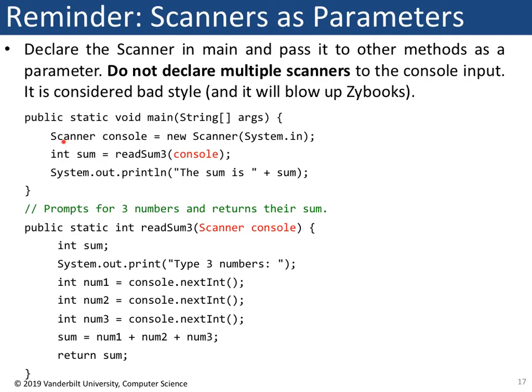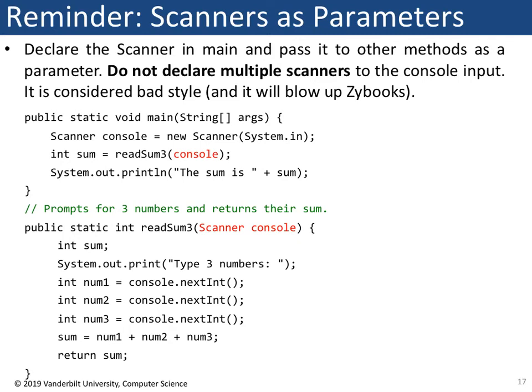Declare your Scanner in the main function, and if it is necessary to use the Scanner in any of the methods other than the main, simply pass the Scanner into those methods. So as an example, we have some method called readSum3 declared here, which is going to return an integer value, and we're going to need to get 3 integers from the user via the Scanner, and we're going to return the sum of those as an integer value.